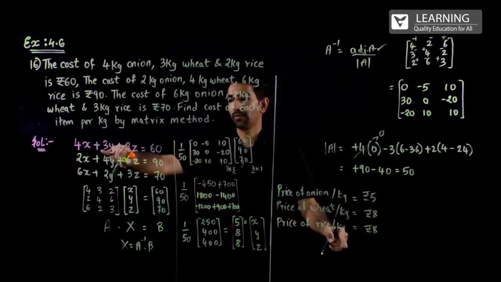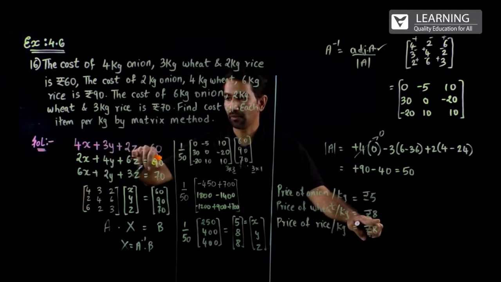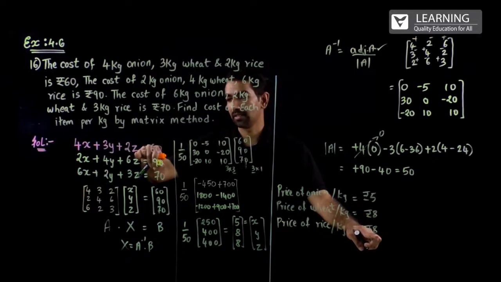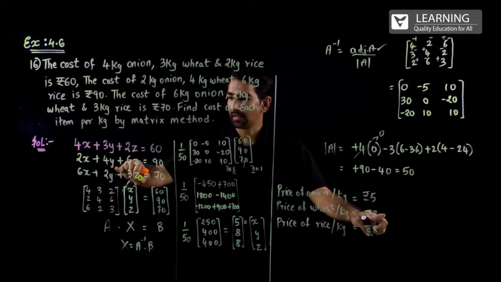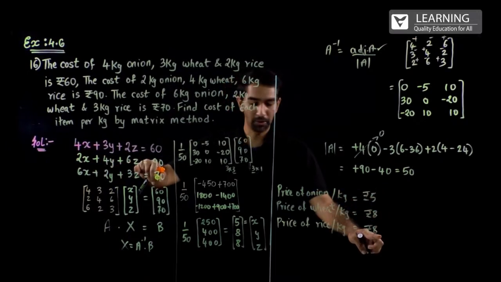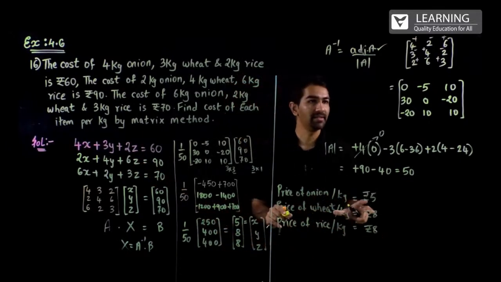Check this. 5 fours are 20 plus 24, 44, 44 plus 16 is 60. Same thing here. 10 plus 32 is 42, 42 plus 48 is 90 again. Understood? So this is the answer.